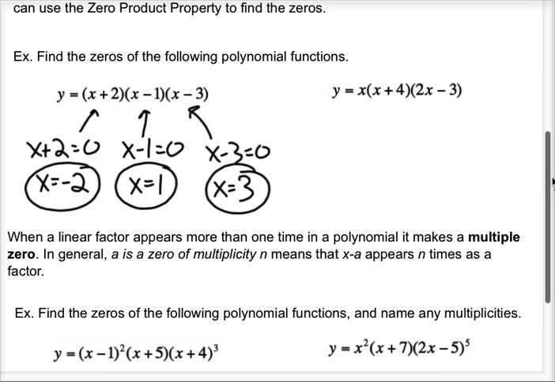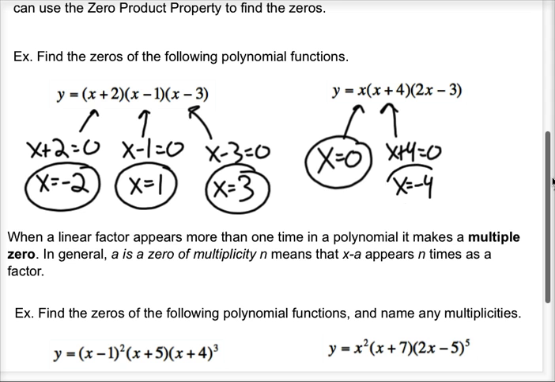Now, don't forget, when you just have an x sitting out there by itself, you still set that equal to 0, and then you've actually already found it. When you have that x out front by itself, that just means x itself. 0 is a 0. Here, x plus 4 equals 0. So another solution is x equals -4.